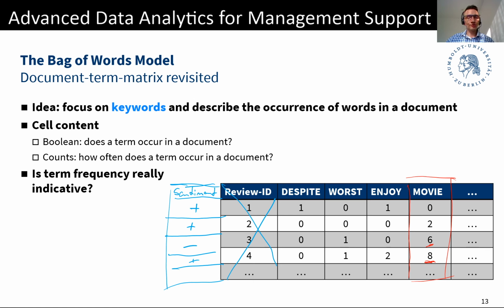And you would need to look at the corpus in its entirety to understand that this word is not really indicative of the sentiment, if we agree that our task is sentiment analysis. Very frequent words might look important in our document term matrix, although they are not indicative of whatever the label is.